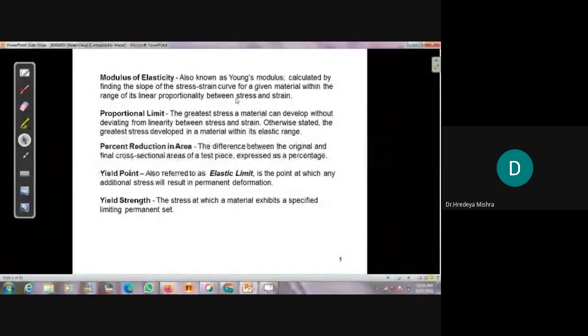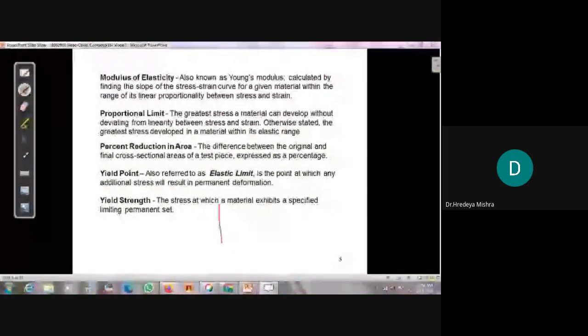Modulus of elasticity, also known as Young's modulus, is calculated by finding the slope of the stress strain curve for a given material within the range of linear proportionality between stress and strain.